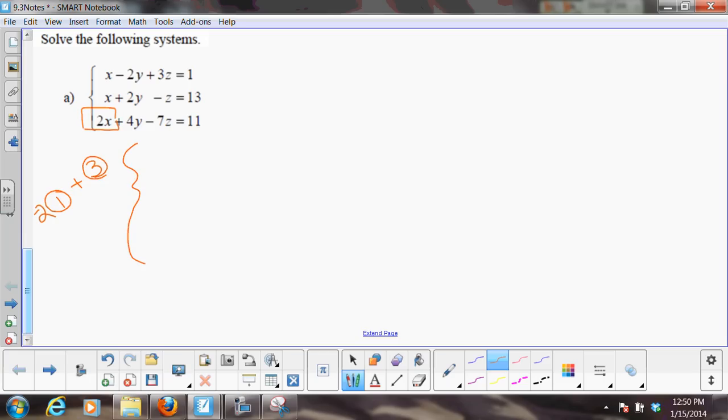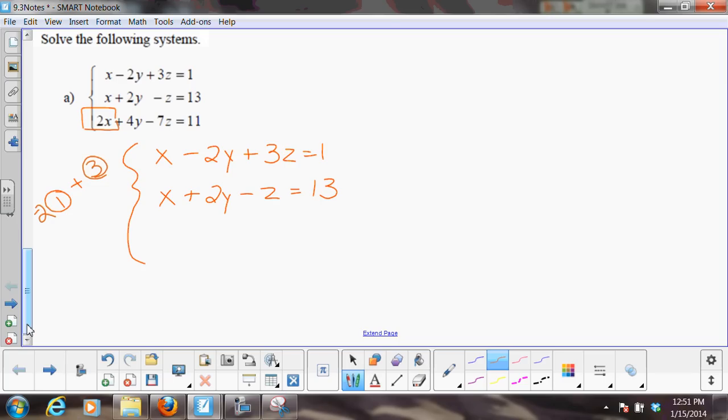I'm not touching rows 1 or 2, so I'm going to recopy them down. Because I'm not touching that. I'm using row 1, but I'm not actually changing anything. I am changing the last one. So a -2x plus a 2x is 0, so there's no x term in the bottom.